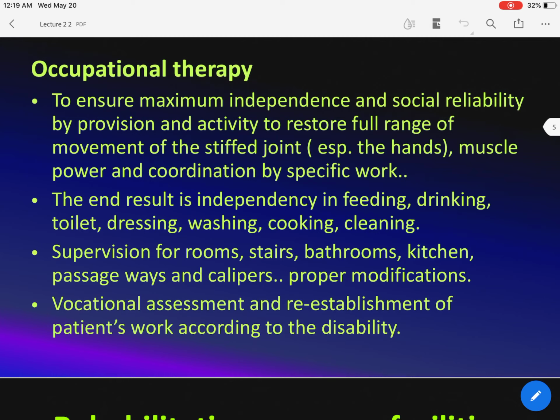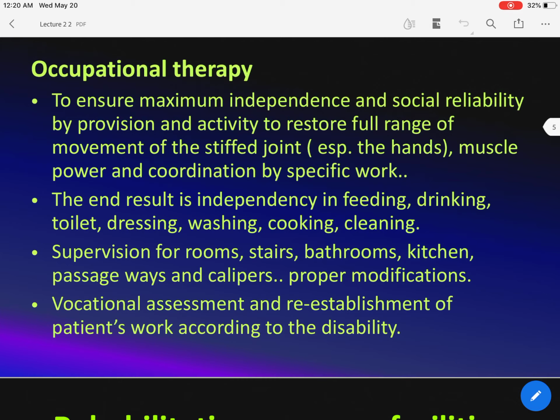These are what's called activities of daily living, ADL, which I mentioned in the first lecture, and their levels and types. Then, supervision of rooms, stairs, bathrooms, kitchen, passageways, and calipers, with proper modifications. Occupational therapy also includes vocational assessment and re-establishment of patients' work according to the disability.